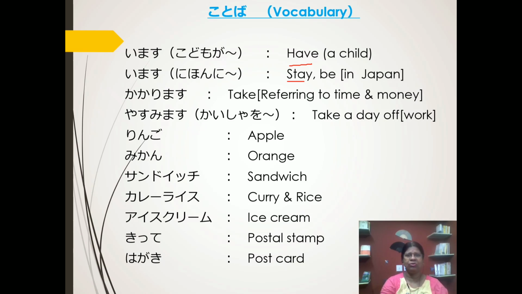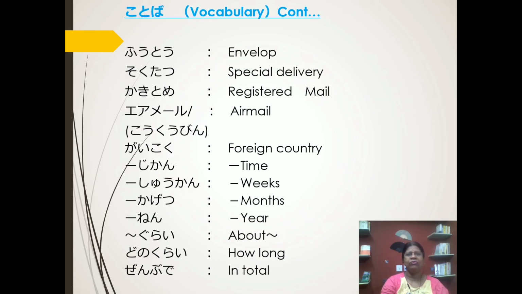Kakarimasu, yasumimasu, ringo, mikan, sando ichi, kare rice, aisu kurimu, kitte, hagaki. Futo, sakutatsu, kakitomi, ea meru or kokubin, gaikoku, jikan, shukan, kagetsu, nen, gurai, donokurai, zenbu de.